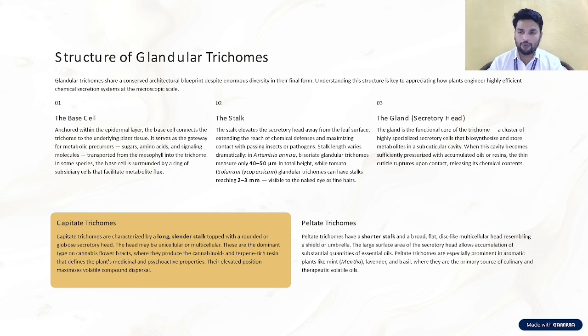The capitate trichomes are characterized by a long, slender stalk, topped with a rounded or globose secretory head. The head may be unicellular or multicellular. These are the dominant type of glandular trichome present in cannabis, the Asteraceae family, the Solanaceae family, and so many families which can produce capitate type trichomes.